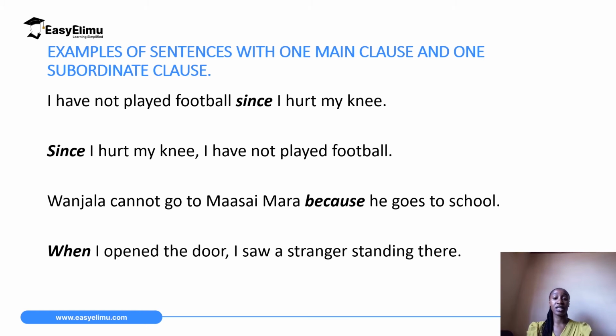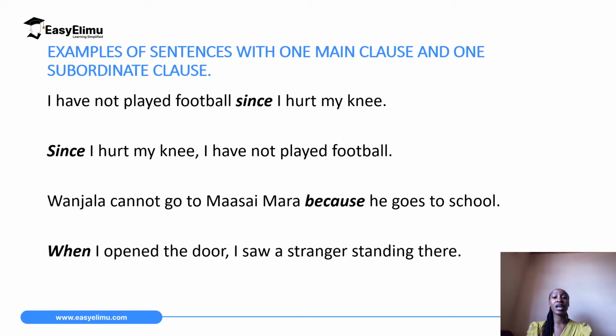In this case, it is since. The main clause, I have not played football. So you see, I have not played football can make sense on its own, right? So that is the main clause. Since is the subordinating conjunction. I hurt my knee is the subordinate clause. So you see this part, I hurt my knee, does not make sense on its own and requires the main clause for it to make sense.